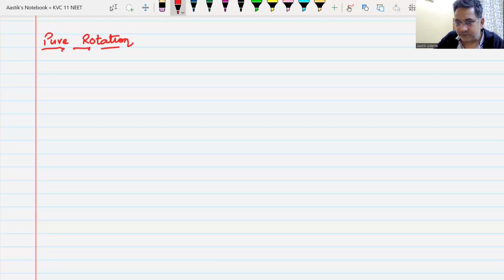Rotation of Earth on its own axis that causes day and night. That is pure rotation. Earth is spinning on its own axis, and the spinning of Earth on its own axis is pure rotation.